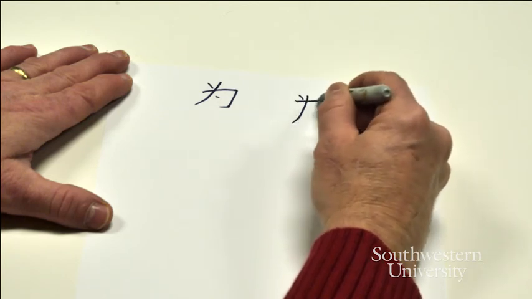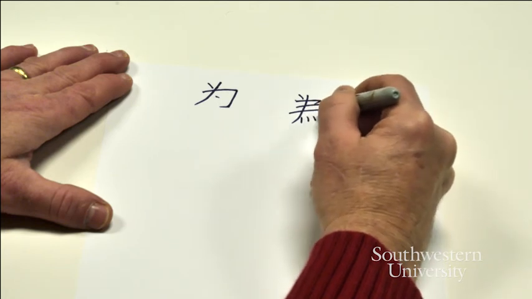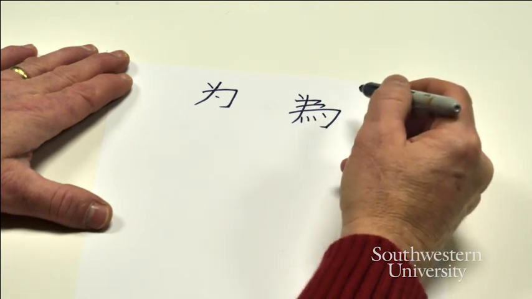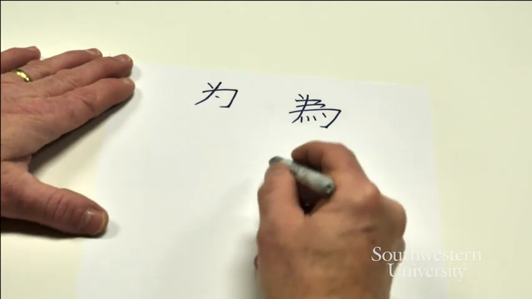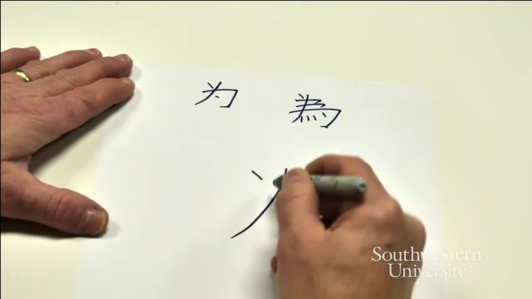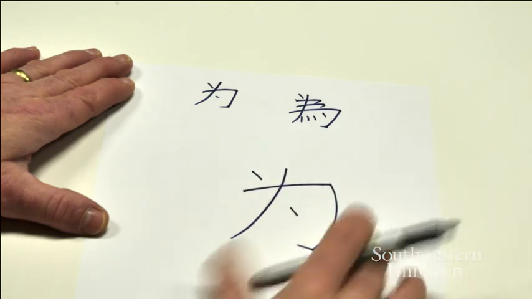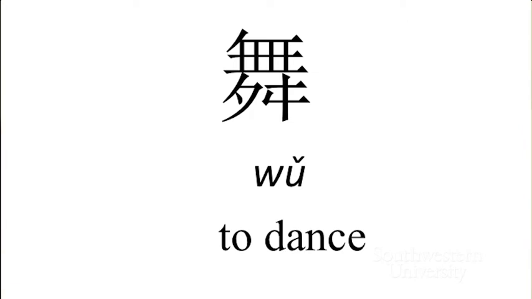I don't know. Well, you've got the four legs there. Wei. So to write the simplified form.